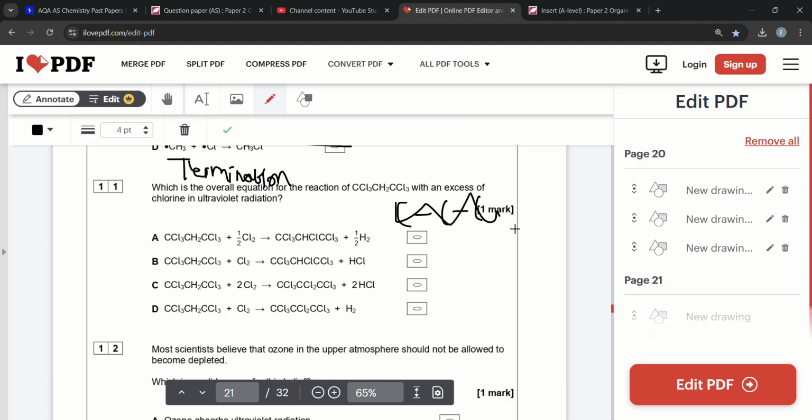Part B, no. The answer is C. Yeah, because we wouldn't form hydrogen, so it would be either between B and C, and if we look at B and C, C is the correct balanced one.